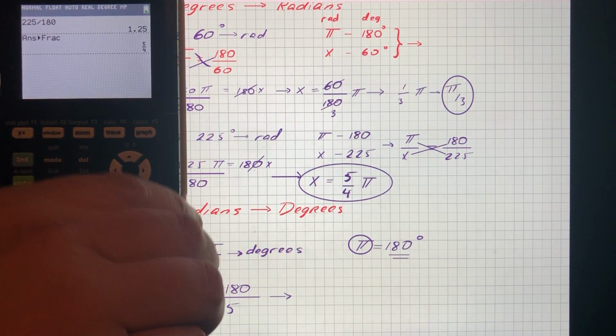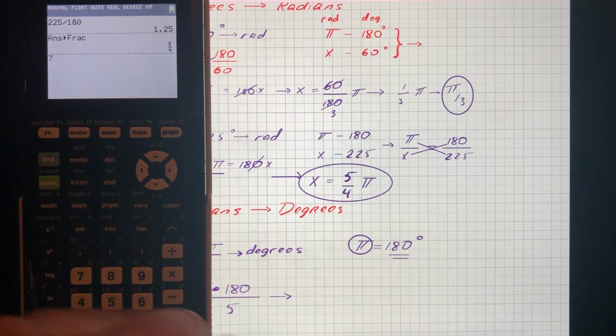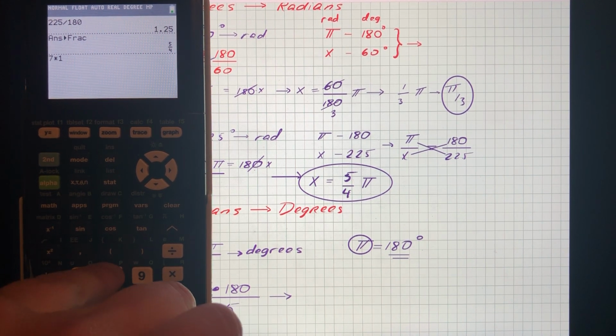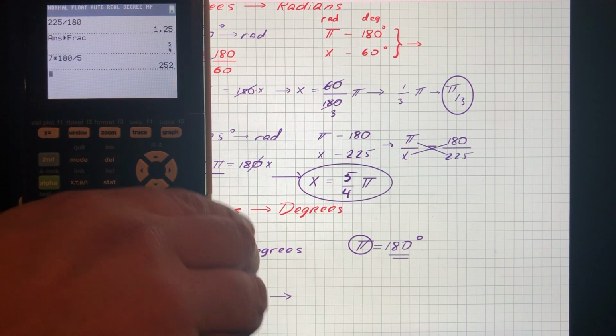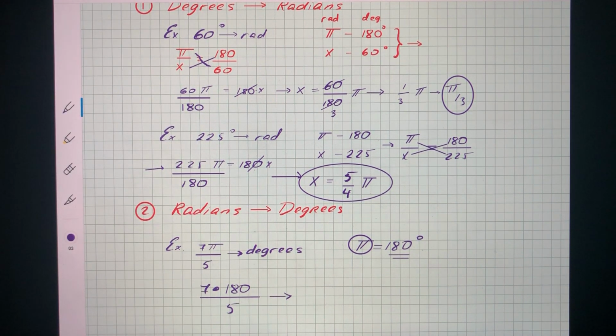So here it is. 7 times 180 divided by 5 turns out to be 252 degrees. And so our final answer is 252 degrees.